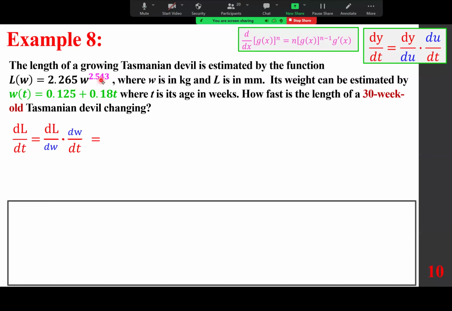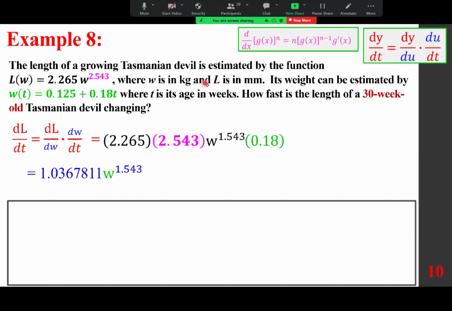You put the three numbers together, you multiply them, and you end up with 1.0367811 W to the power 1.543. You carry a lot of decimals, although it's an estimation. Most of the time, they will ask you how many decimals.